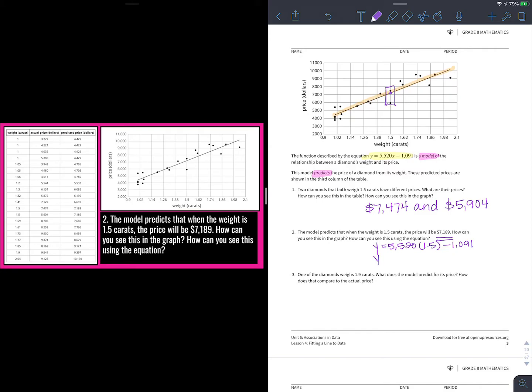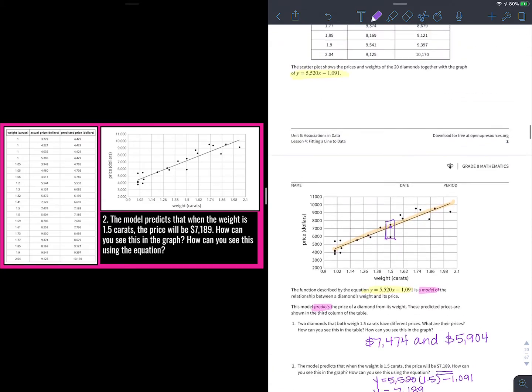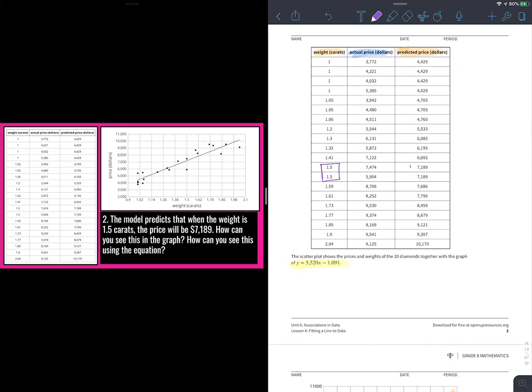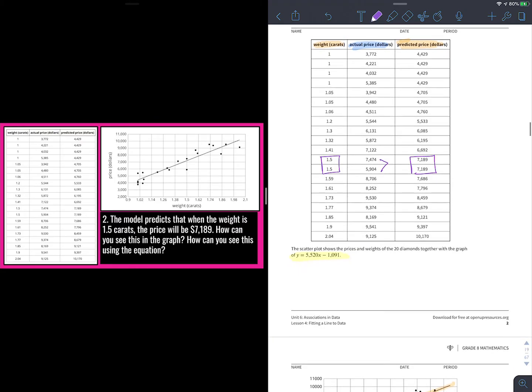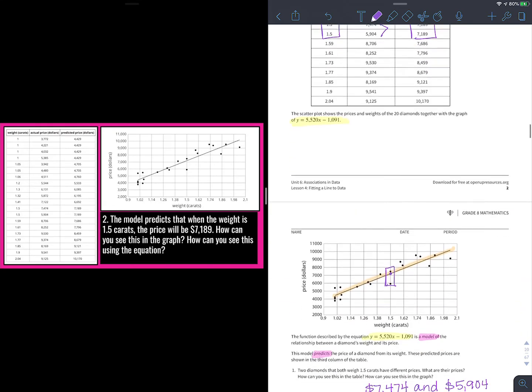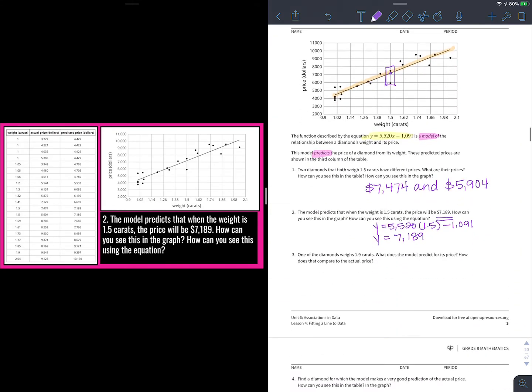And when we evaluate that, we actually end up with 7,189, which, going back to the table, is seen right here. So again, actual price are the points on the scatter plot. 7,189 comes from that line. The prediction line predicts the price, the model.